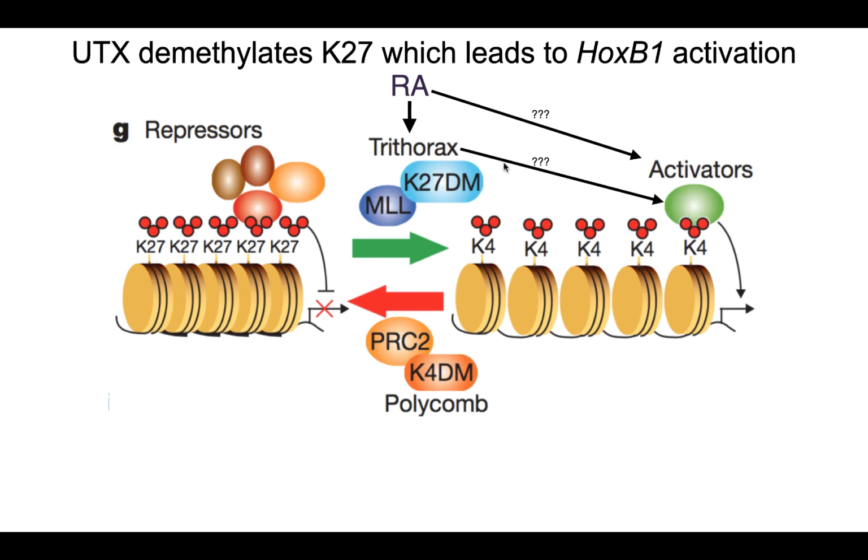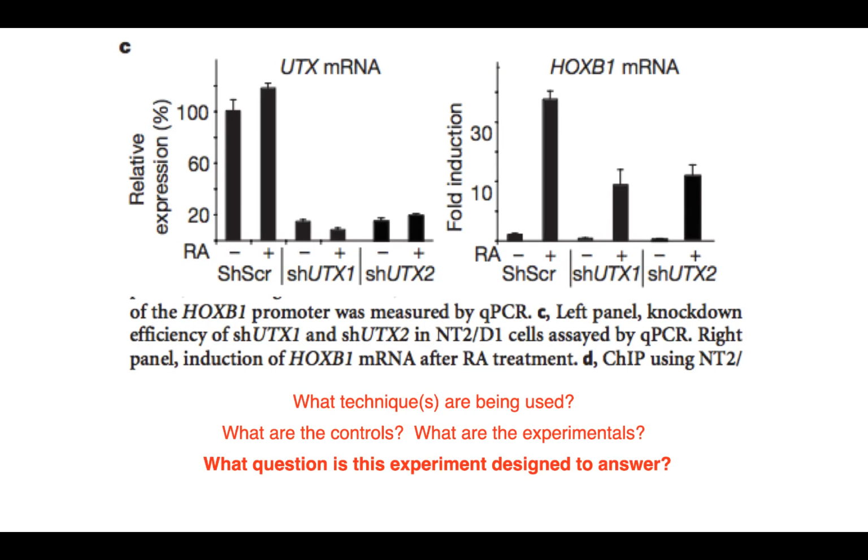Basically, what they're asking is: is retinoic acid going through UTX to turn on HOXB1, or is retinoic acid independently turning on HOXB1 and localizing UTX? If it's the first one, where it requires UTX, then we should be able to knock down UTX, and even in the presence of retinoic acid, HOXB1 no longer is expressed. Let's take a look at that.